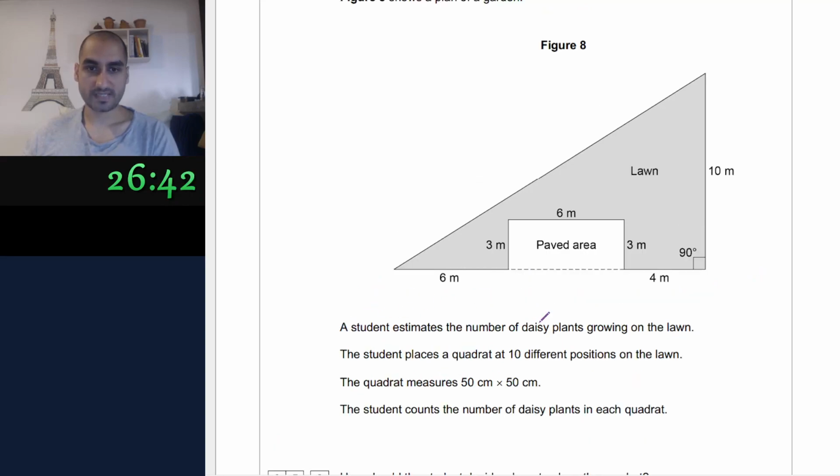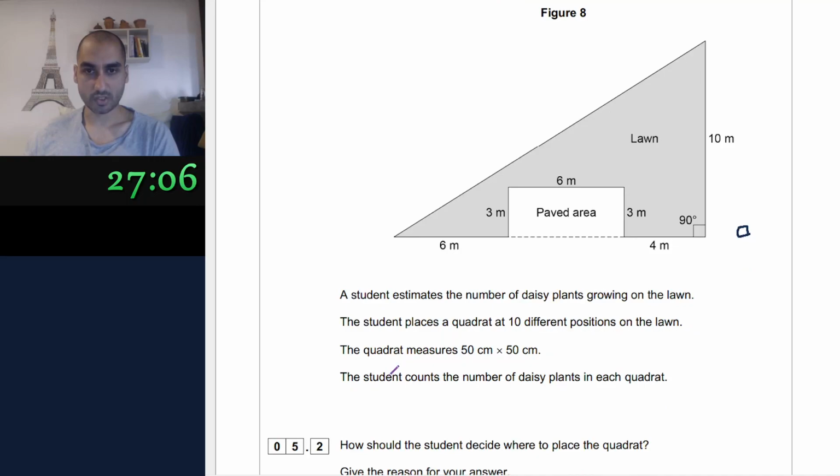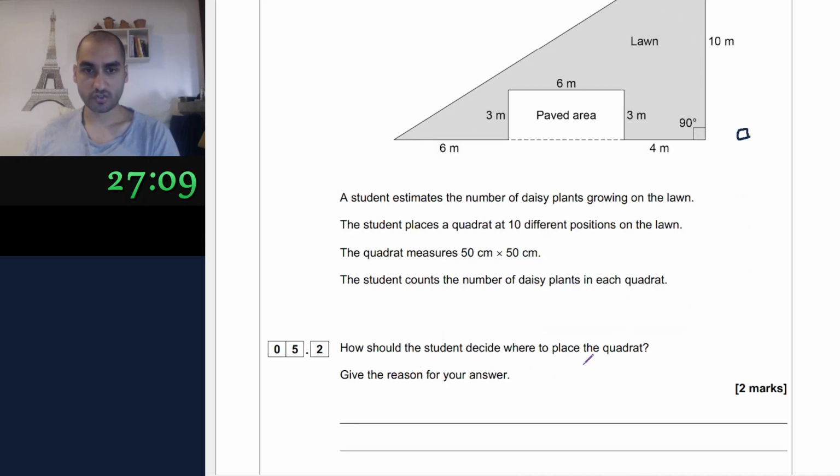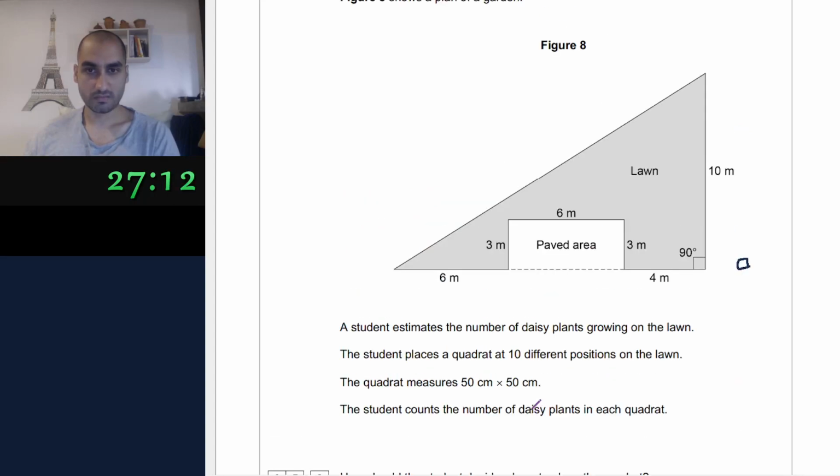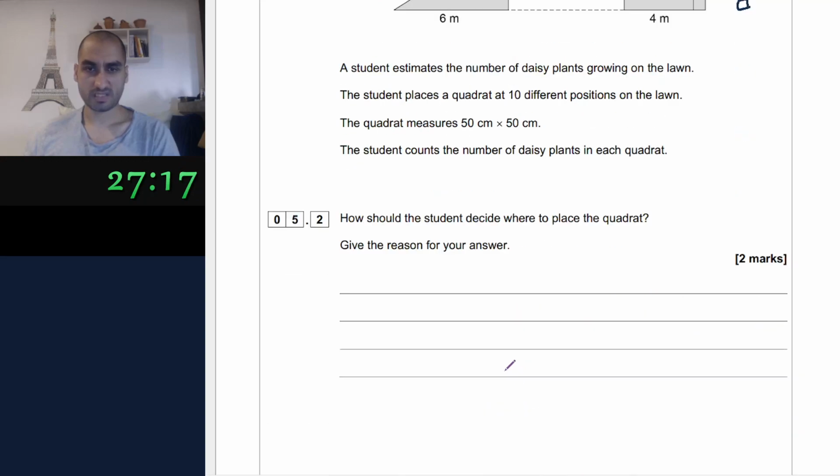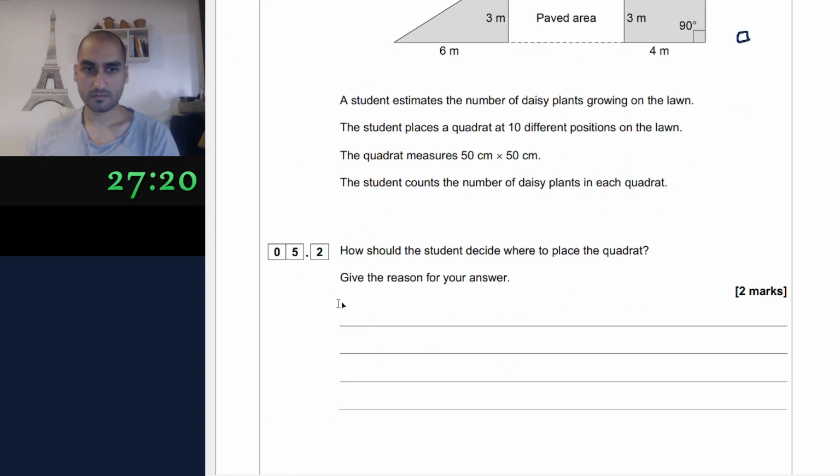Student estimates the number of daisy plants growing on the lawn. Places a quadrat at 10 different positions on the lawn. The quadrat measures 50 by 50 centimeters. The student counts the number of daisy plants in each quadrat. How should the student decide where to place the quadrat? Just space them out.